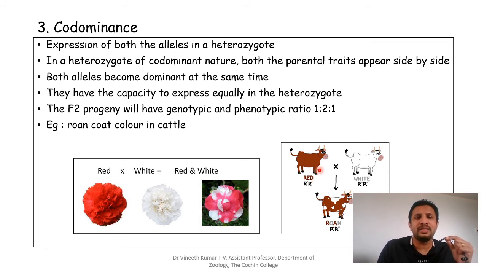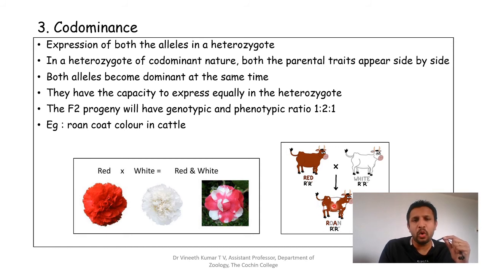So in cattle, you have a wild variety of parent which is red in color. Red means dark brown in color, which appears to be red, and the other one, the white one, can be considered a mutant phenotype. So when the wild and the mutant in pigment formation are crossed, you get a roan coat color.